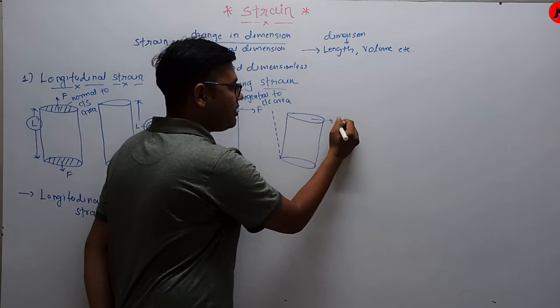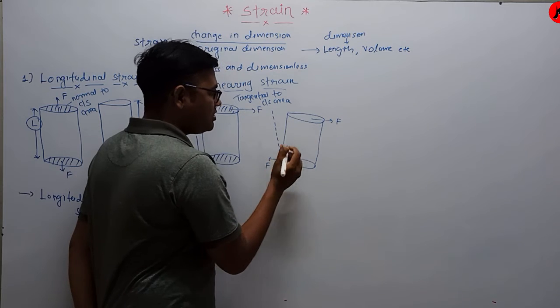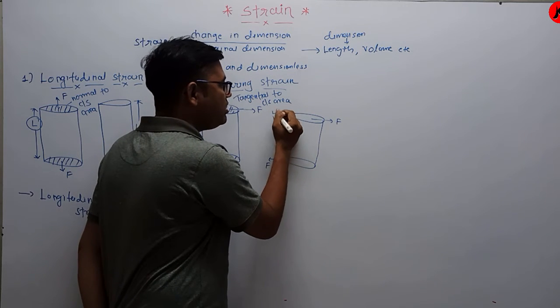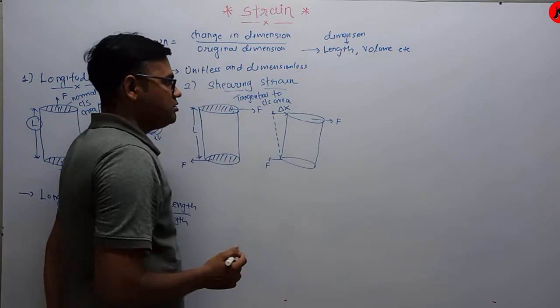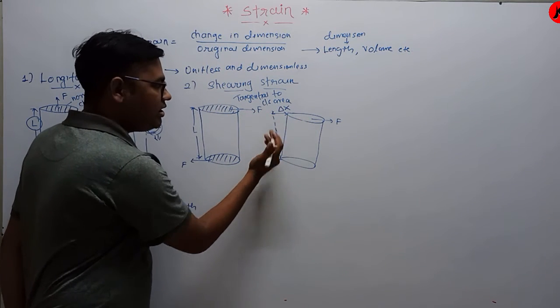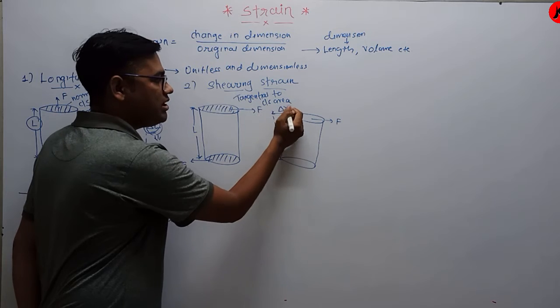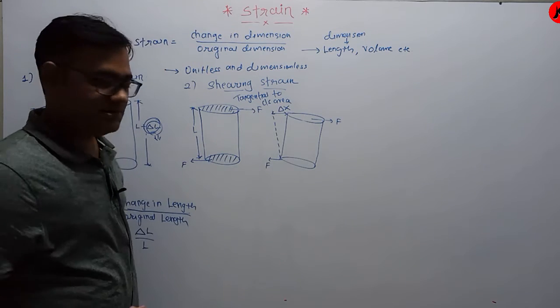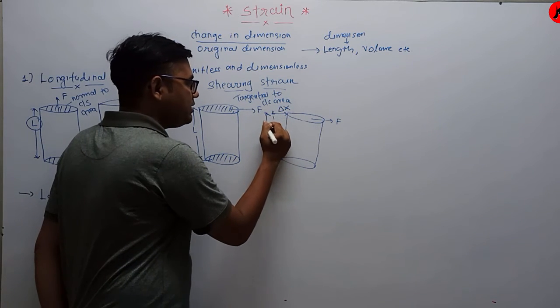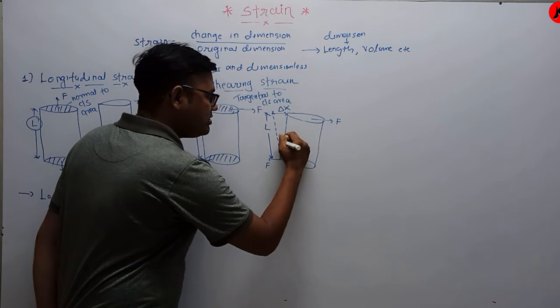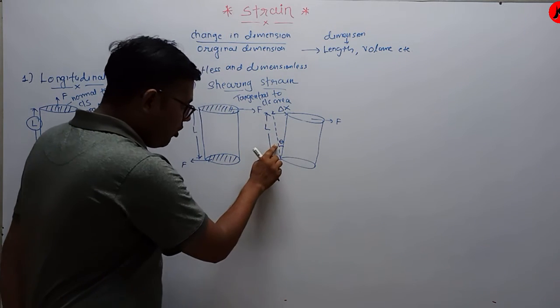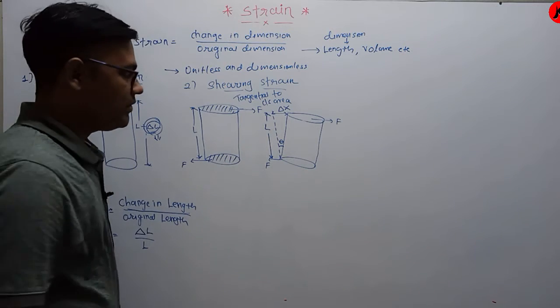Here we have applied force, and this small displacement of the cylinder from its vertical position is delta x, and the original length is L. Now consider this small angle is theta, right?